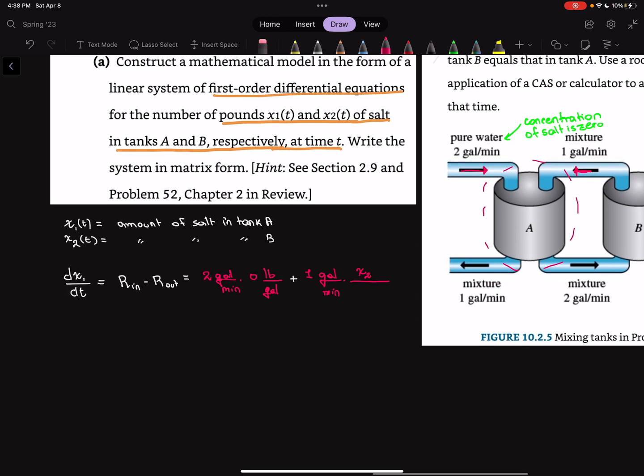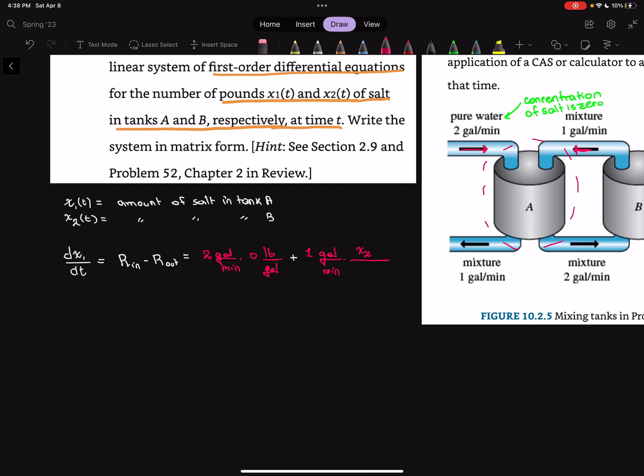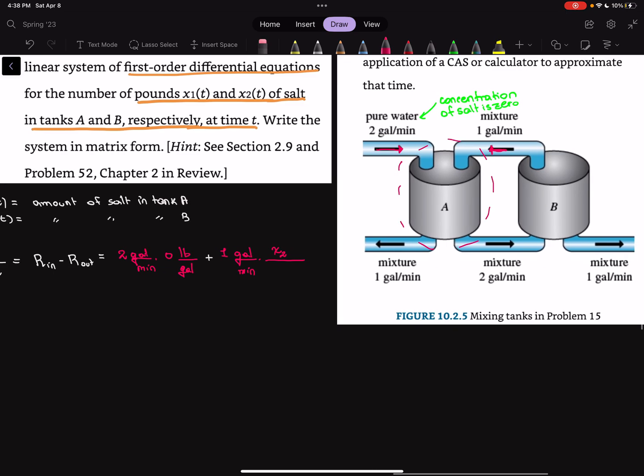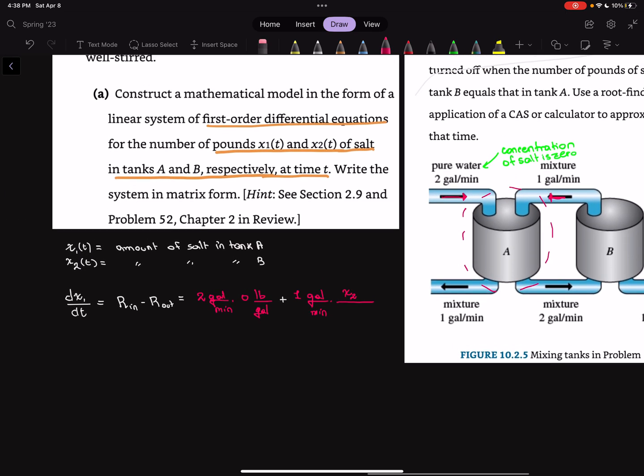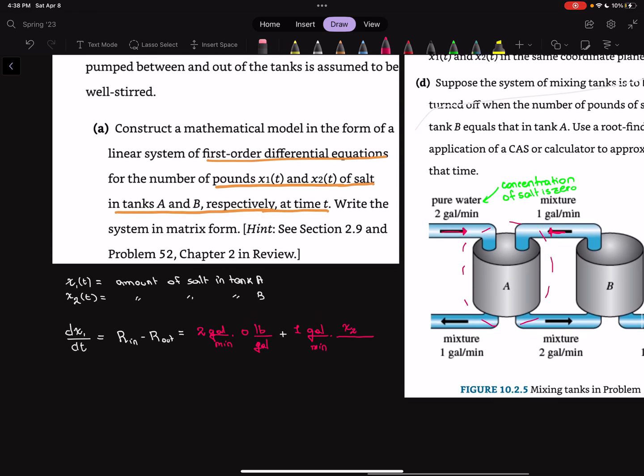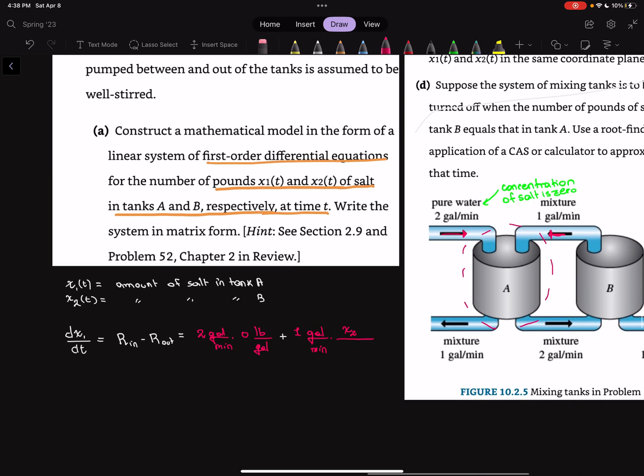And remember, that's just the pounds of salt, the amount of salt. So we want to divide it by the volume of water contained in the tank at that time. Well, they're saying that each tank contains initially, they said it right here, 100 gallons of brine.